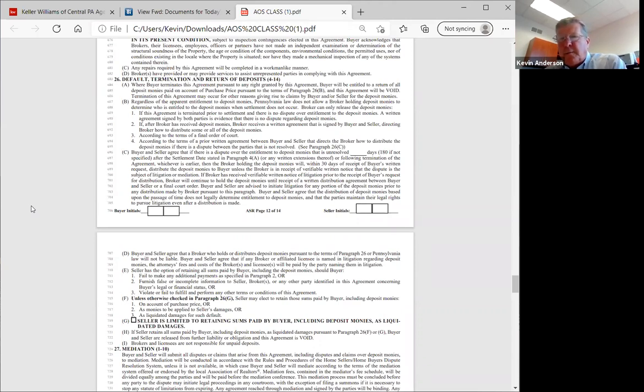Broker holding the deposit monies will within 30 days of receipt of buyer's written request distribute the deposit monies to the buyer unless the broker is in receipt of verifiable written notice that the dispute is the subject of litigation or mediation.